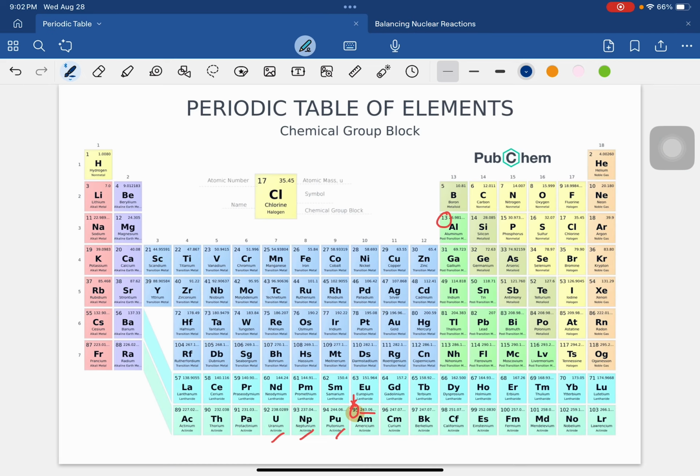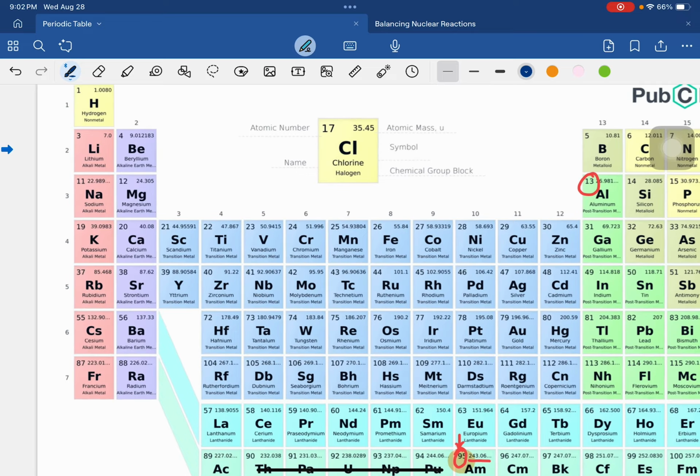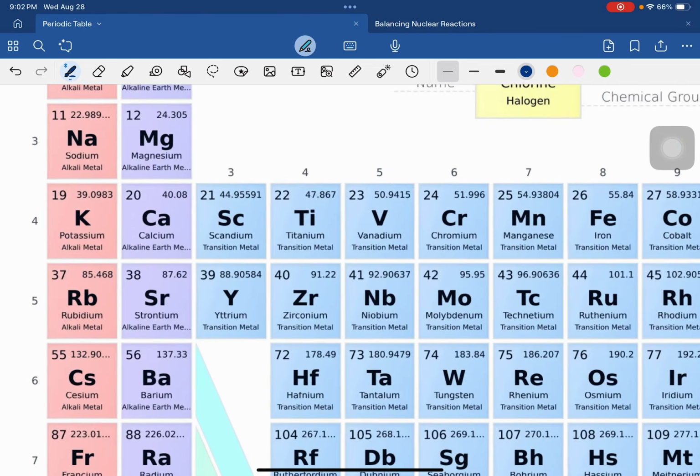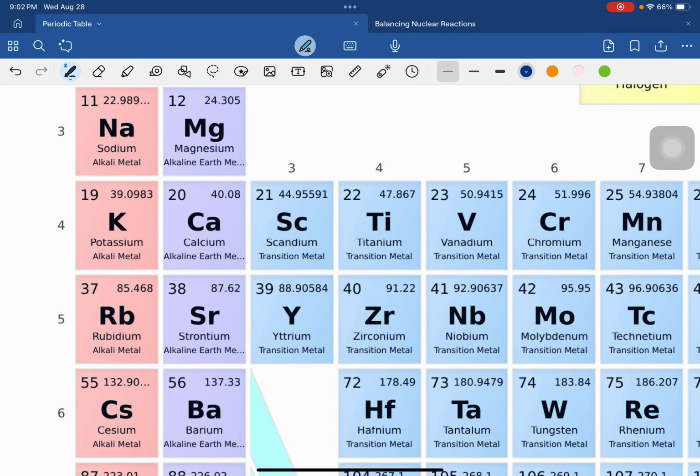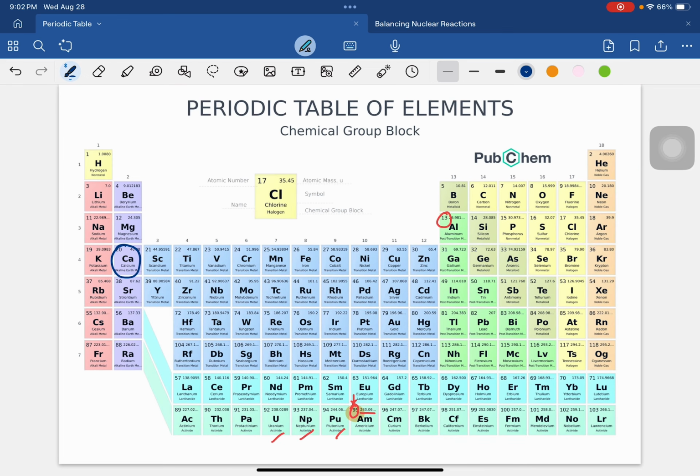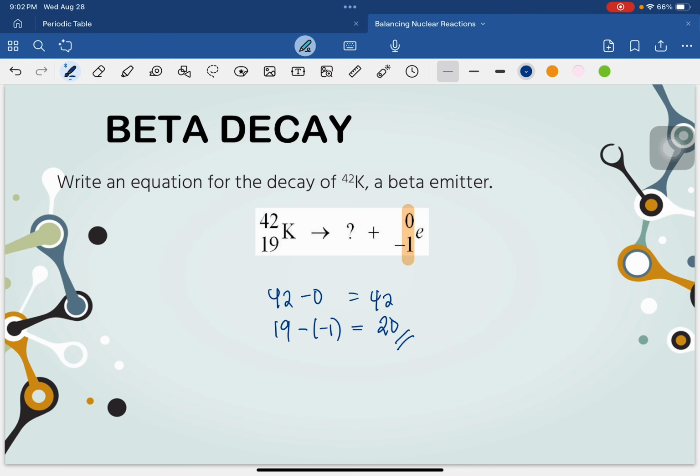So we're looking for the 20th atomic number in the periodic table. We go back to our periodic table. We look for 20. So 20 here. You can see 20 is calcium. So we go back to our solution. So it'll become potassium 42, 19 yields calcium 42, 20 plus our beta emission.